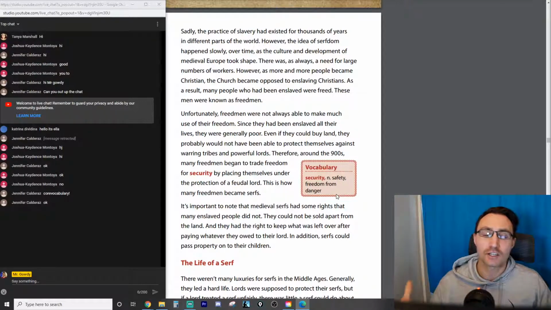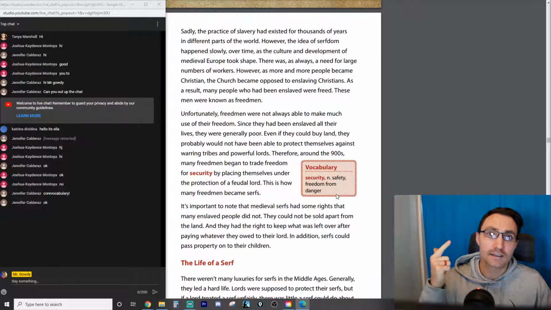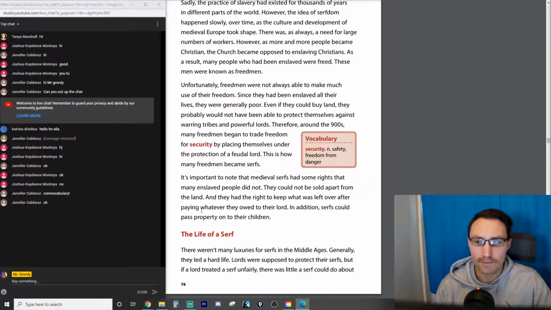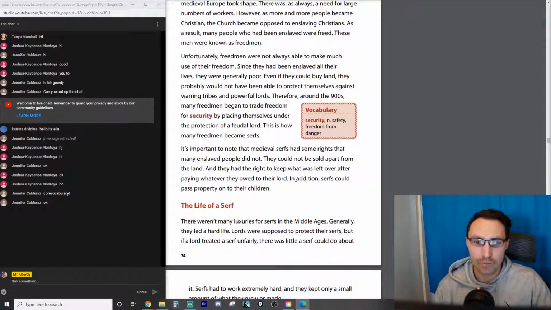They wanted the security of a home, places to eat, maybe work. They wanted to work, but they wanted to be safe, protected, have a place to live, and things to eat. And so they're trading their freedom for security. It's important to note that medieval serfs had some rights that many enslaved people do not. They could not be sold apart from the land, and they had the right to keep what was left over after paying whatever they owed to the Lord.